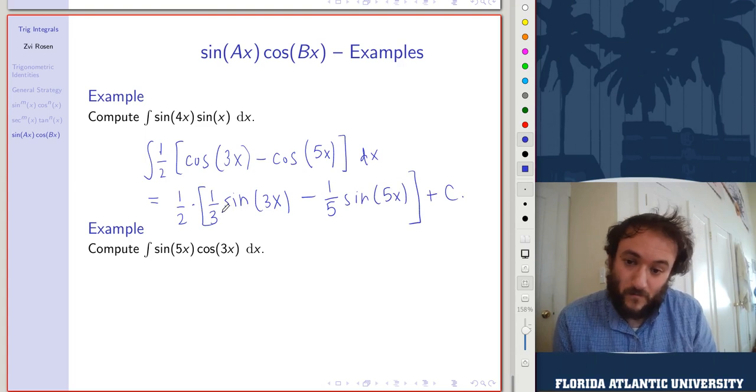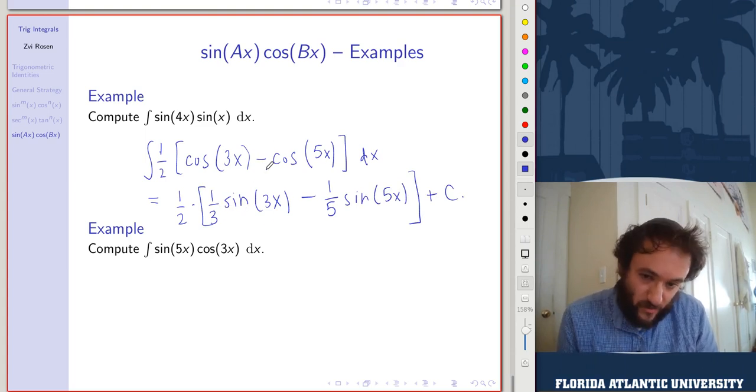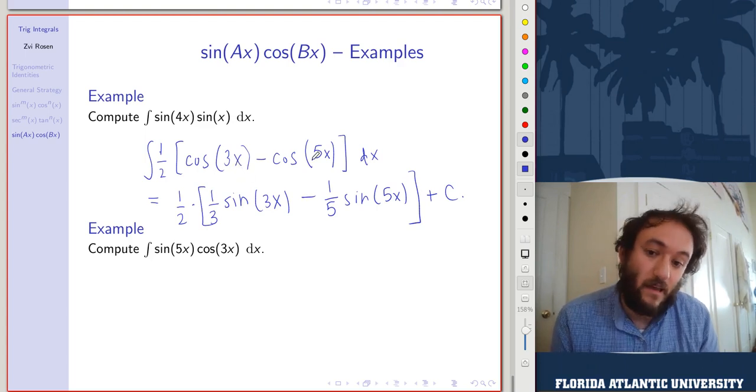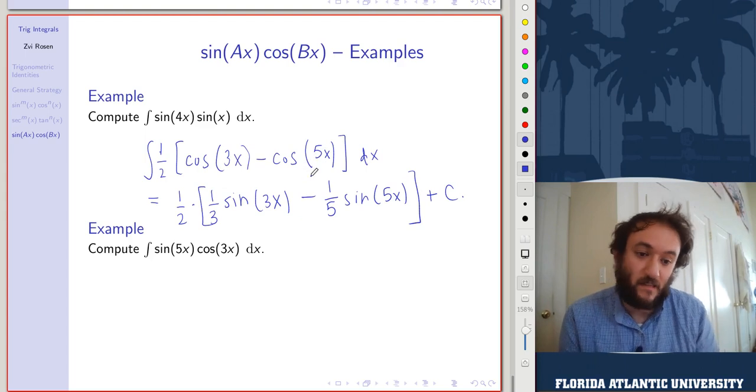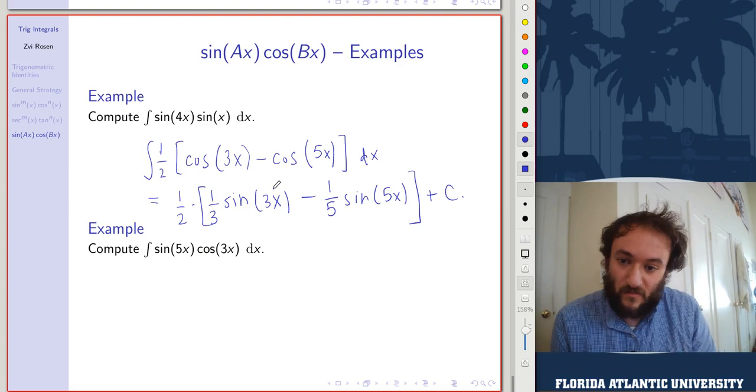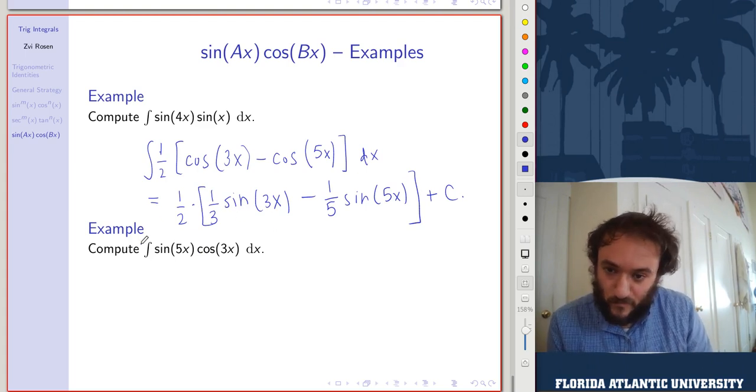Okay. So once we get it in this form, it's relatively straightforward. If you'd like, you can split it up into two integrals, the integral of cosine 3x and the integral of cosine 5x, and then do a u-substitution, or you can use the patterns of how these functions are integrated to get this expression.